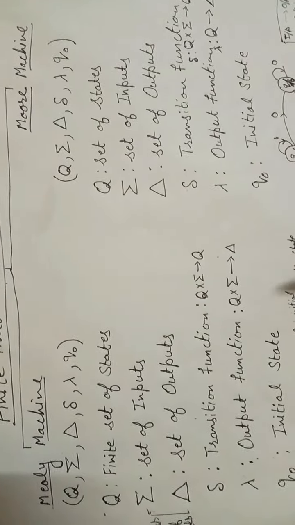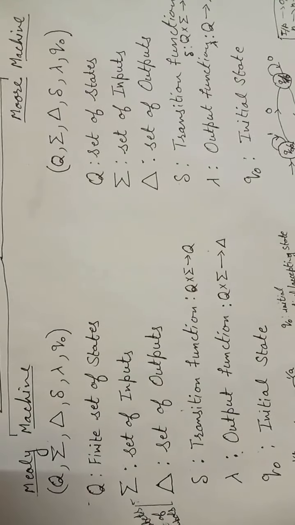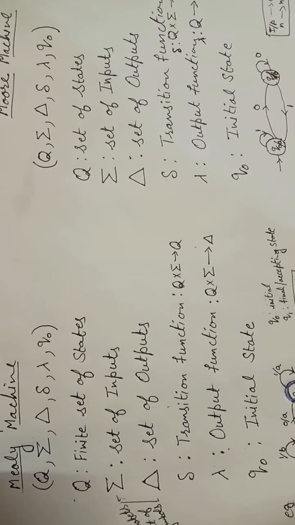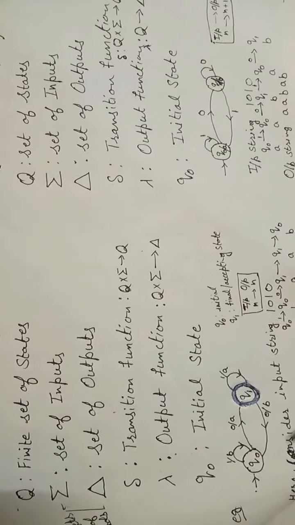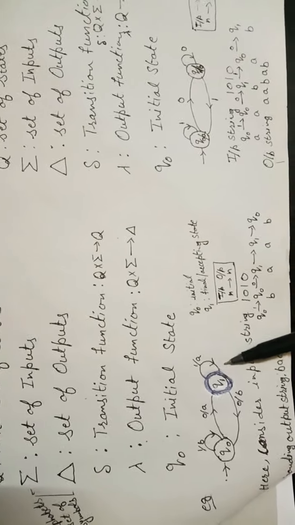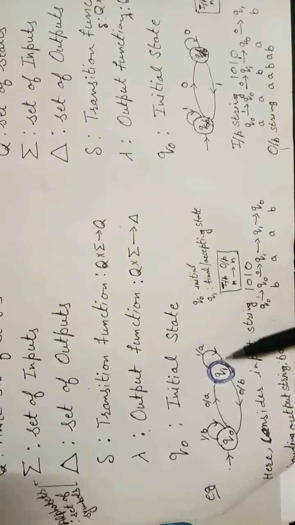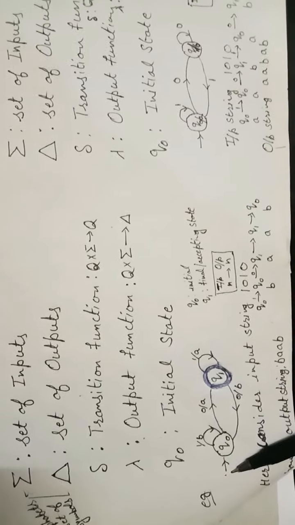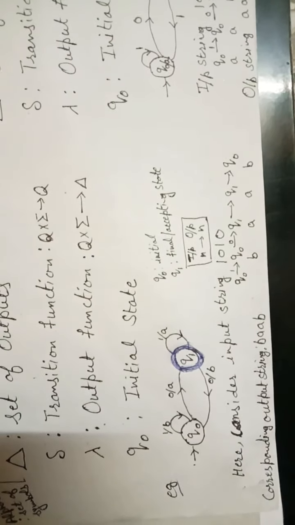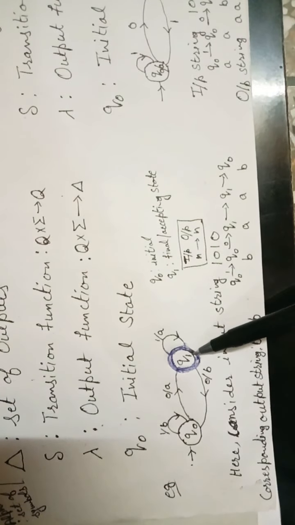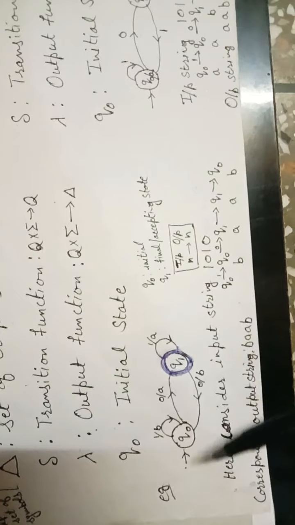And again Q naught is the initial state. So let us understand more about Mealy machine by an example. This is the state transition diagram of a Mealy machine. I have put an arrow here. Q1 is another state.